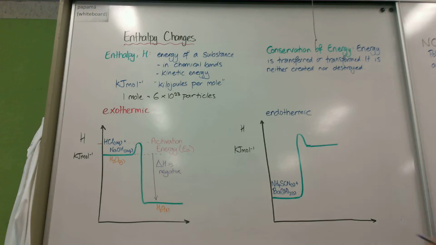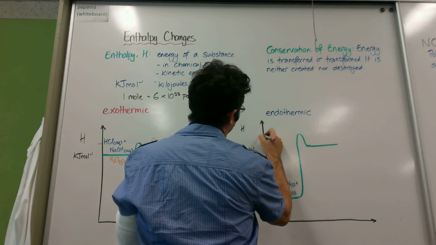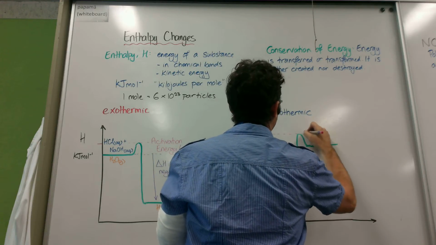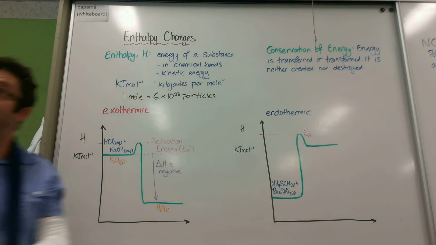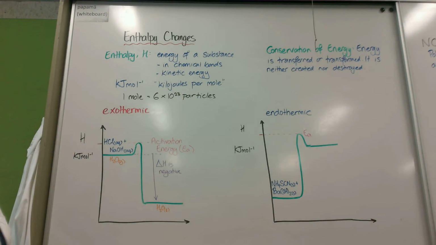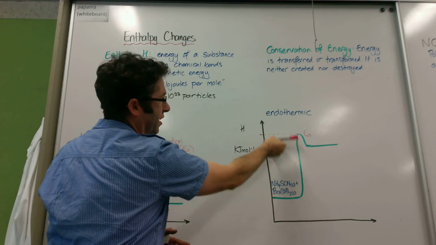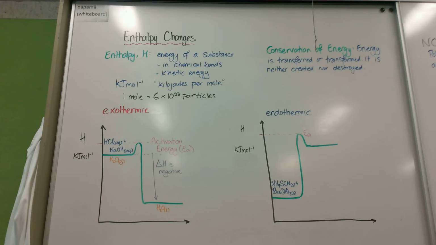So again, I've got my activation energy there. Now, where do we think the enthalpy change goes to? Does it go from there to there, there to there, or there to there? Which one?